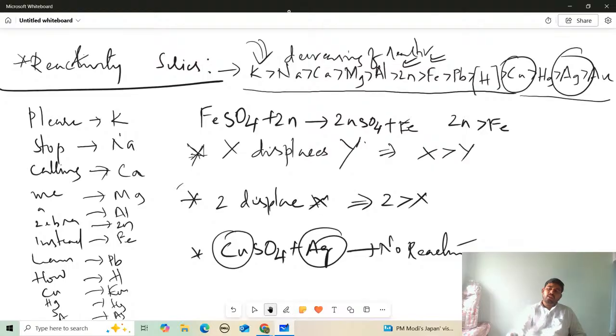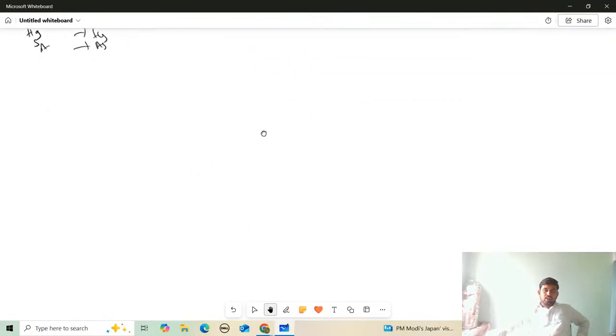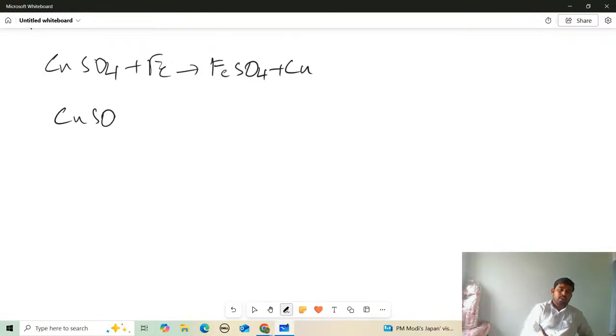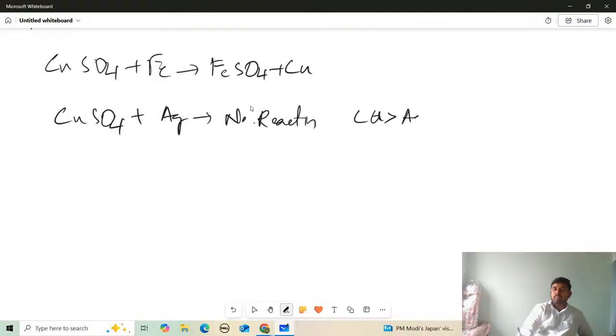If you know all these things, then you will come to know whether the reaction is possible or not. Let's see some more examples. Copper sulfate plus Fe, the reaction is possible. Definitely FeSO4 plus copper will be formed. Similarly, copper sulfate plus silver: no reaction, because copper itself is more reactive than silver.